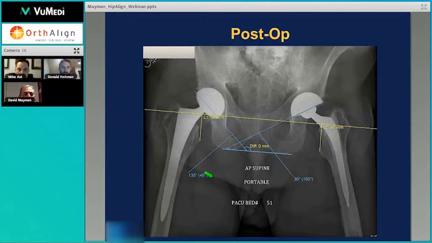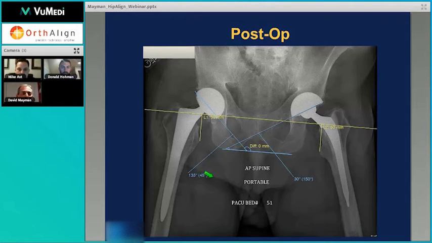And then you can see what you probably couldn't see on the previous image because it was zoomed out. There was a 6 millimeter leg length discrepancy on the pre-op film, and we've corrected that 6 millimeter preoperative leg length discrepancy.